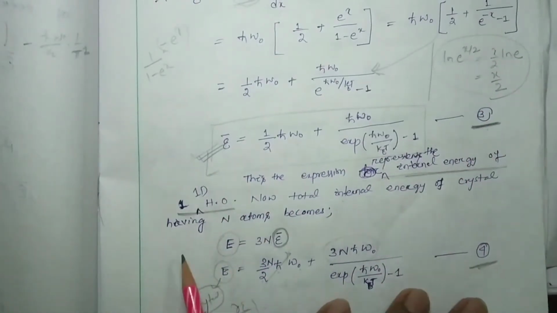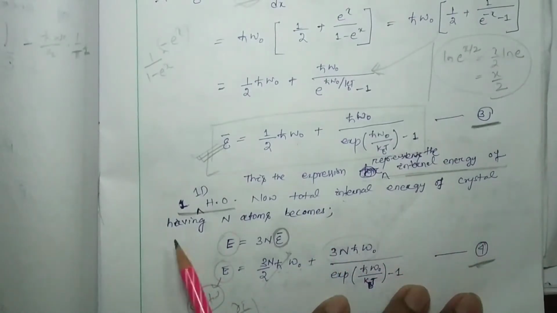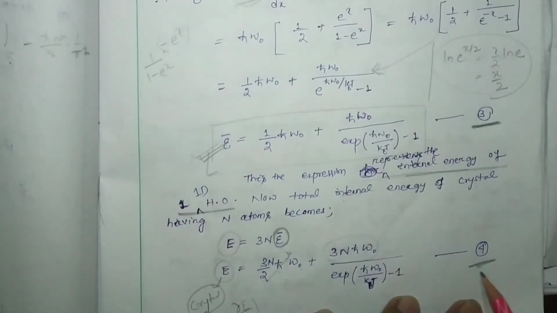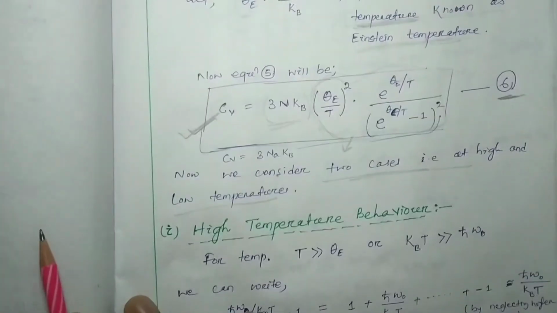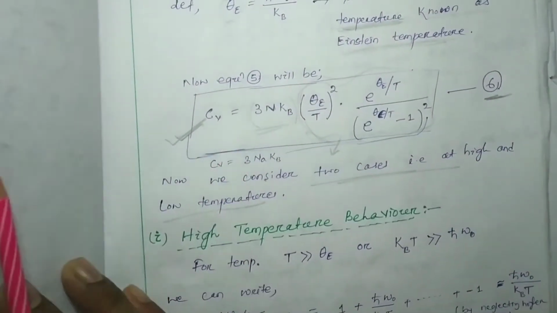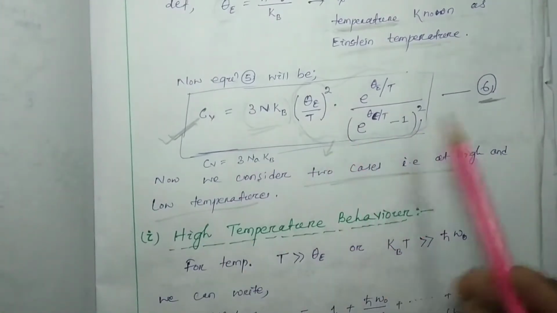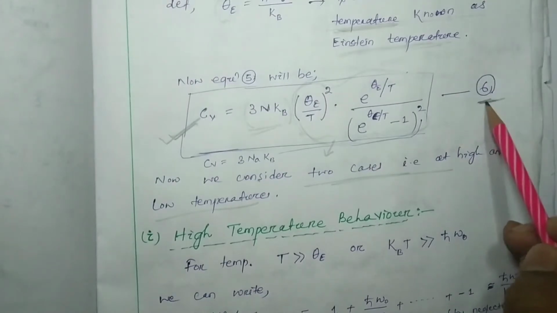And the total internal energy of a crystal having N atoms, we found to be 3 into N into the average internal energy of a one-dimensional harmonic oscillator, that is equation number 4. From this expression we calculated the specific heat capacity of a crystal, and we found this much, which is named equation number 6.